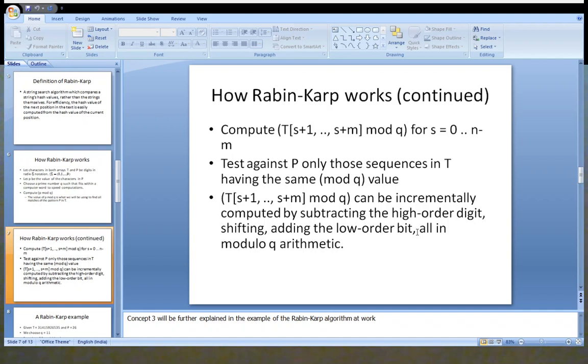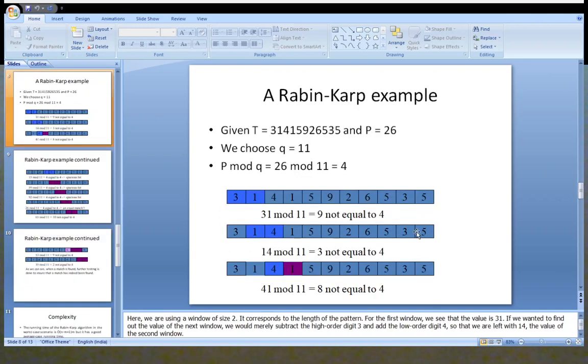For example, suppose the pattern is 26, and the given text is 3141592653, and the value of q is 11.